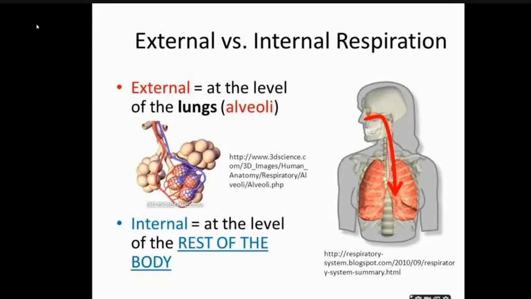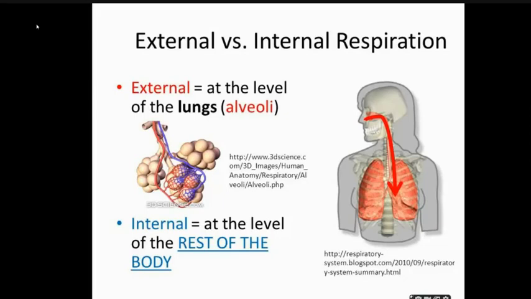Food will oxidize, and when it oxidizes it will liberate free energy, carbon dioxide and water. As it happens in the cytoplasm and the mitochondria, internal respiration is also called cellular respiration or tissue respiration.